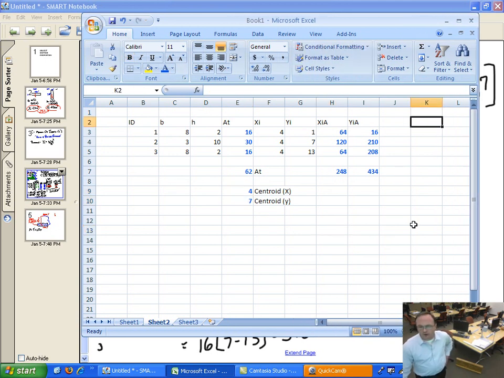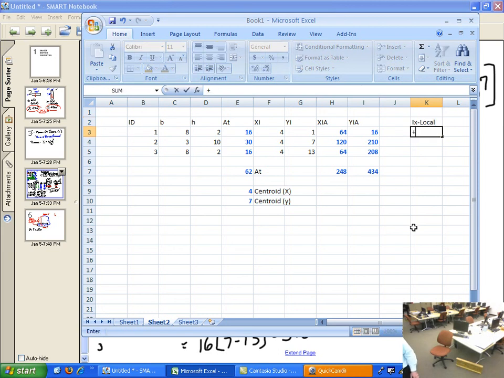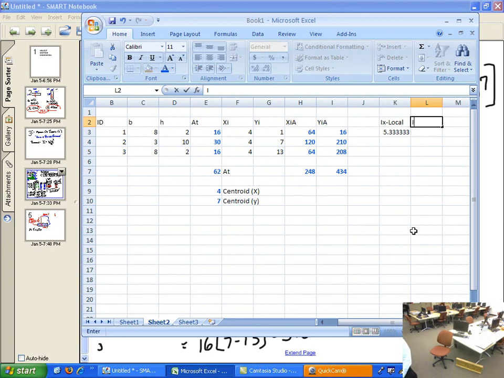Continuing on. Then I have Ix local, which is base times height cubed divided by 12, and Ix offset.